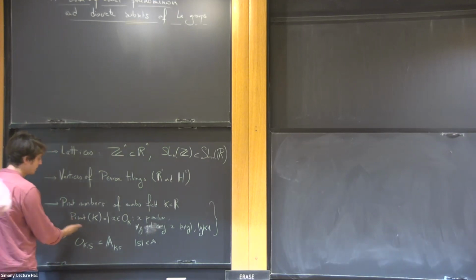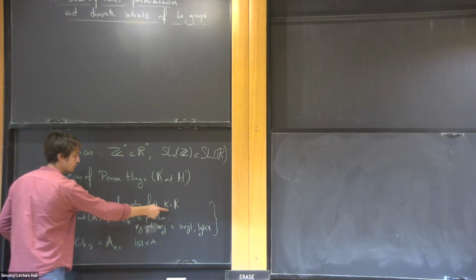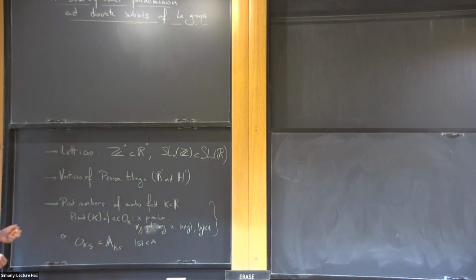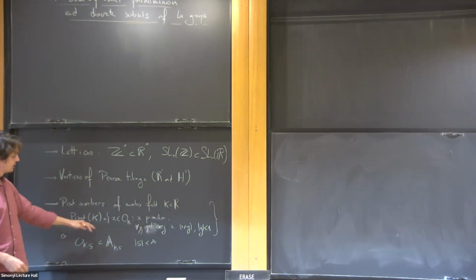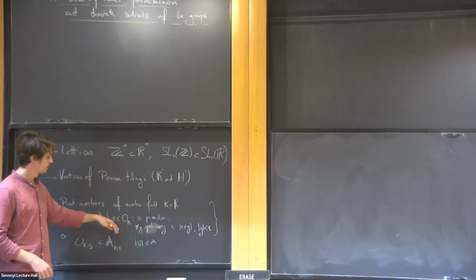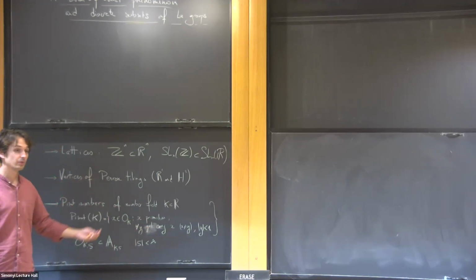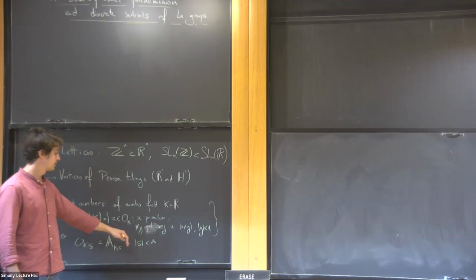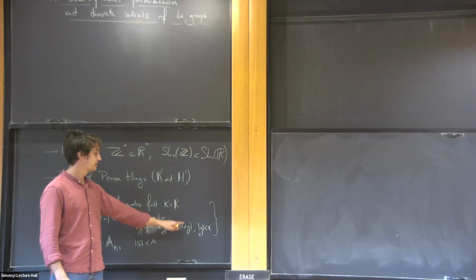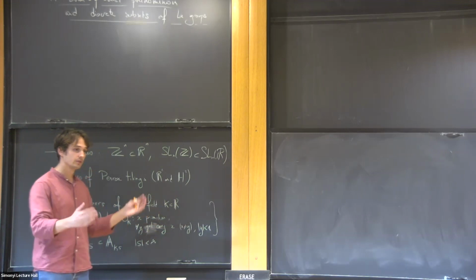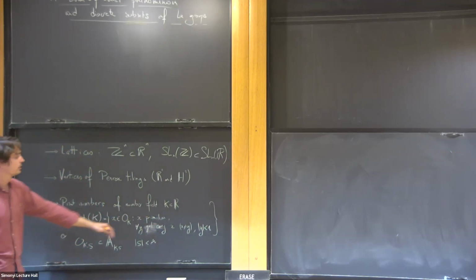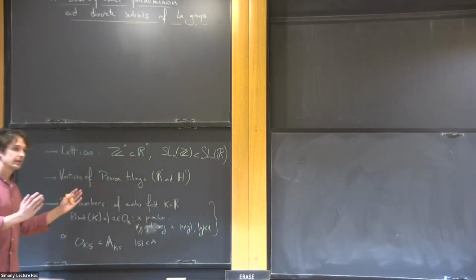I'm going to look at the Pisot numbers of a number field K in R. So the set Pisot(K) is the set of the x that are algebraic integers that are primitive, in the sense that they generate the number field, and such that if I take any Galois conjugate that is not x, then the norm, in the usual absolute value of R, is smaller than 1.